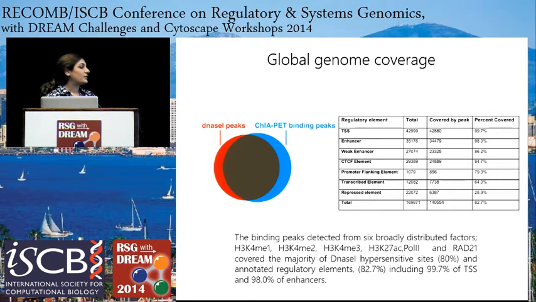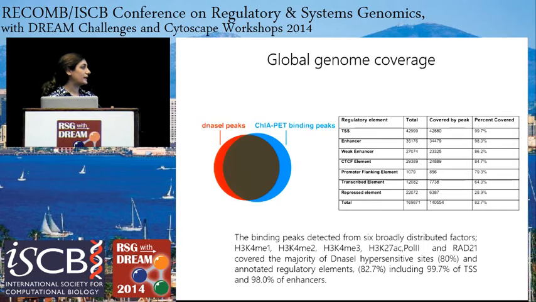Here is the data. We started by comparing our data with DNase hypersensitive sites to see how much coverage we could get with our experimental method. We used 6 broadly distributed factors: histone marks, Pol2, and RAD21.